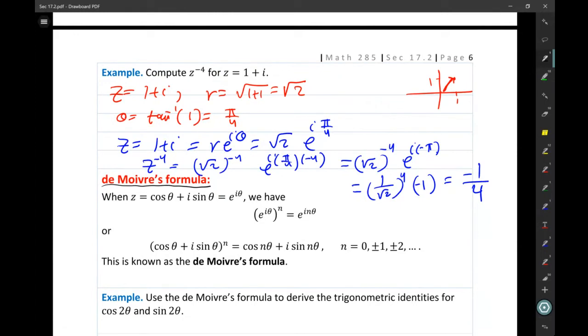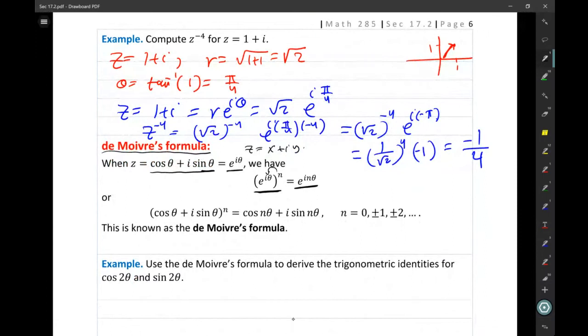Regarding the polar form of any complex number z, if z is equal to x plus iy, we wrote z as cosine theta plus i sine theta, which is e to the power i theta. Now, e to the power i theta to the power n, you have to multiply n here, that becomes e to the power i n theta.